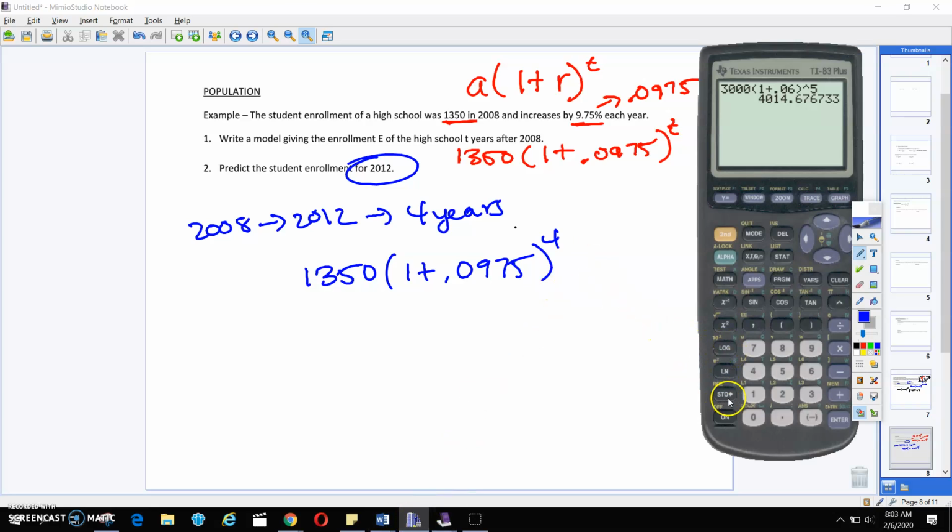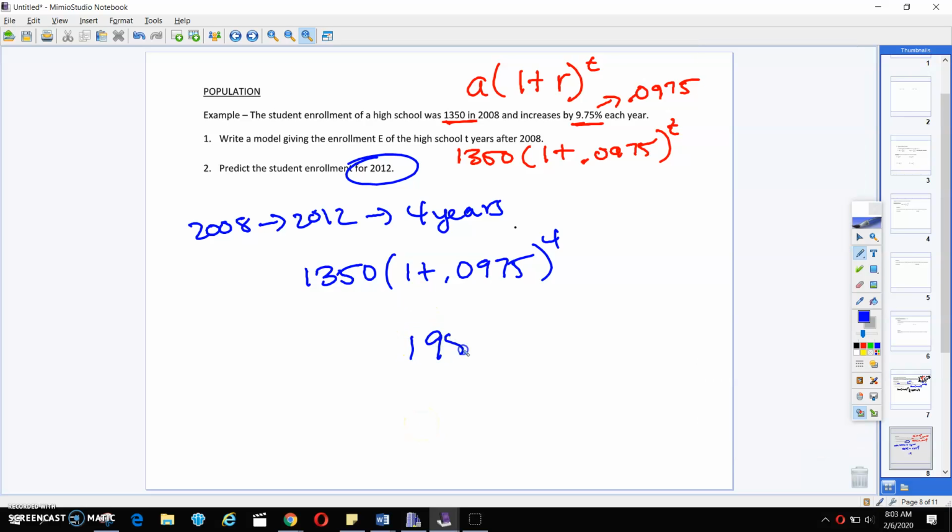When we plug that into our calculator, we get 1,350 parentheses 1 plus 0.097 close parentheses raised to the 4th power. That's going to be 1958.6. Now, you can't have half a person, so we're going to round to a whole person. So this is going to be 1959 students.